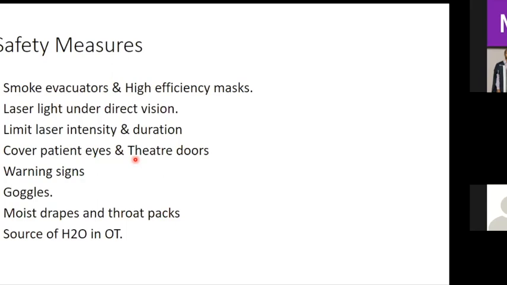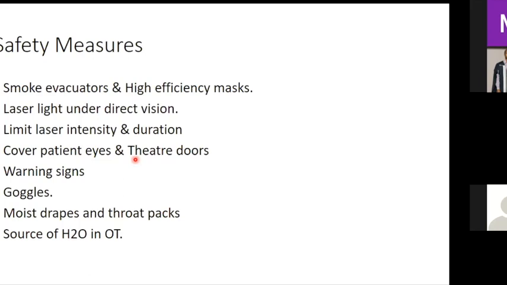You limit the intensity and the duration, so the minimum possible intensity, over a short time. You cover the patient's eyes and the theater doors. I know we all have a tendency when walking around theater to peep through the windows there.